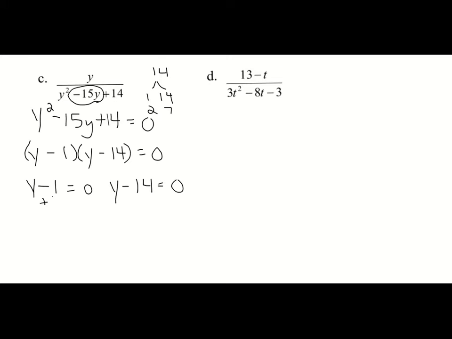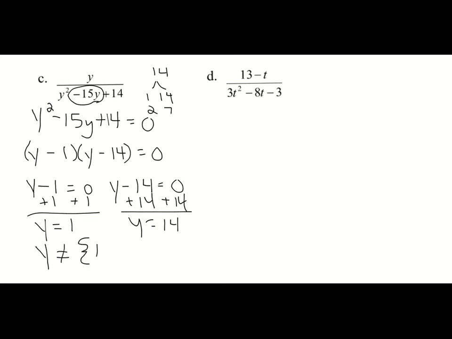And we will add 1 to both sides. So we get y equals 1. We'll add 14 to both sides. So y equals 14. And again, here, for any value for y, you can plug in any number except y can't equal, we'll write it in roster notation, 1 or 14.